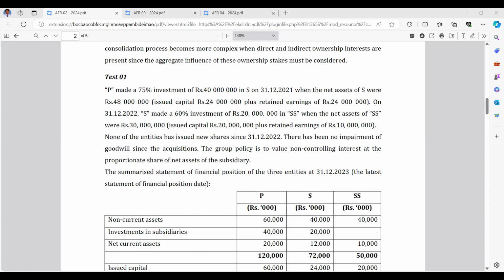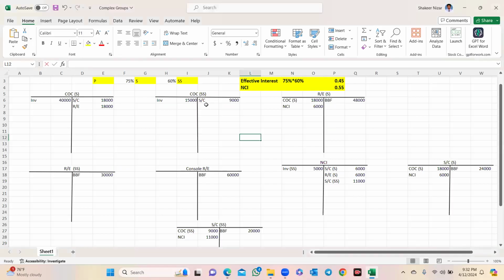Then you can see retained earnings. The retained earnings balance is 10,000. Out of that, you can recognize only 4,500.